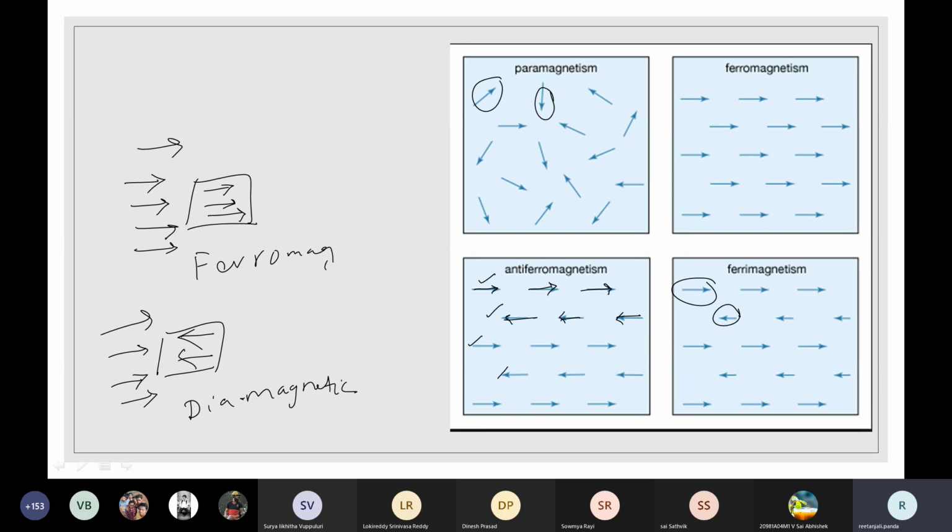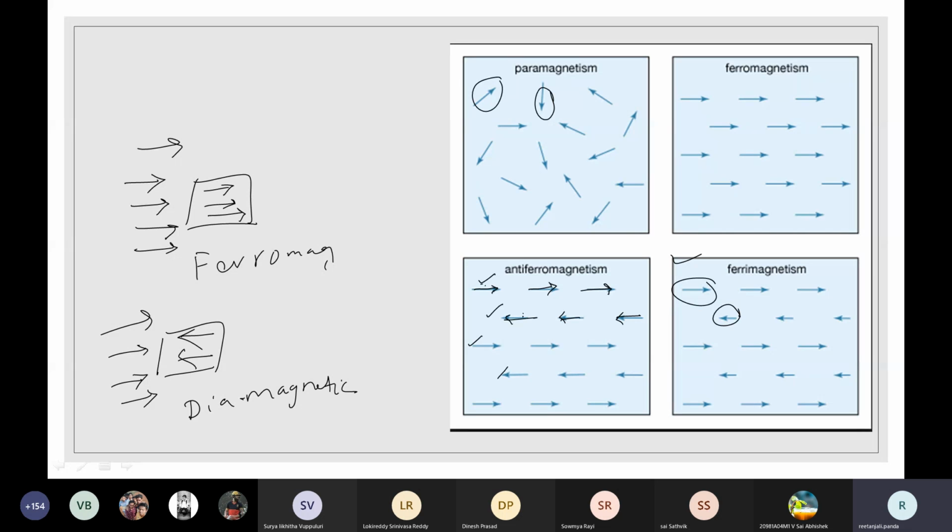So when you write all these things, you have to draw the diagram. There you have to make it clear that in antiferromagnetic material, the magnitudes of the moments in the same direction and the opposite direction are equal. But in case of ferrimagnetic material, the magnitude of the dipole moment will be different. The same direction moment will be more than the opposite direction moment.